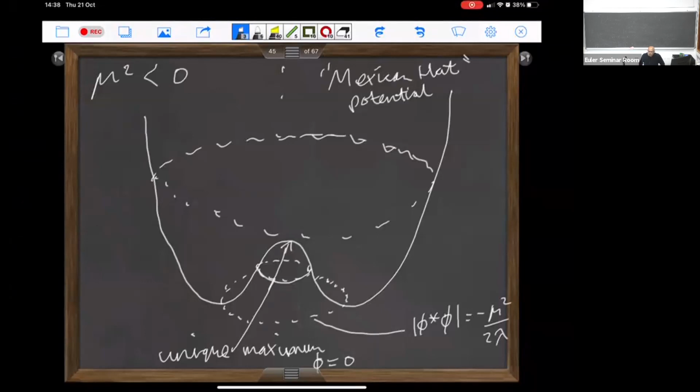If you start at the top of the hill, that point is unstable. Under any perturbation, you will fall down the hill and end up at some point in the valley floor. And once you've chosen that point, you've broken the symmetry.